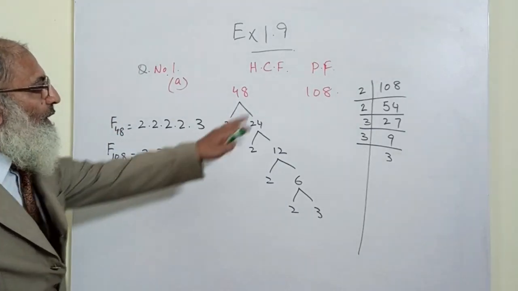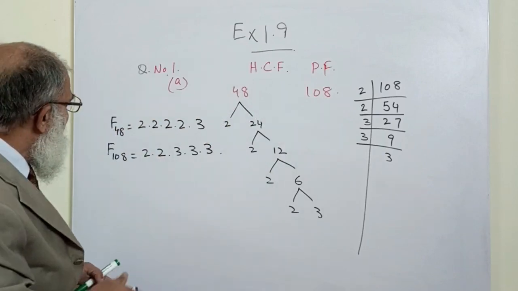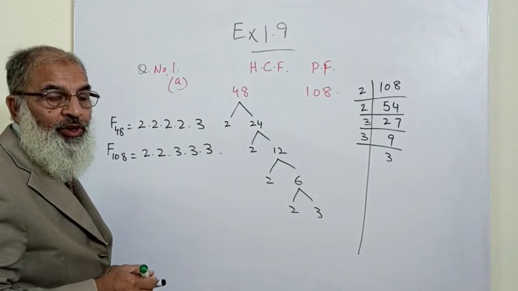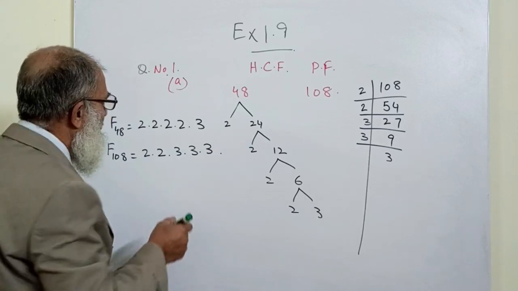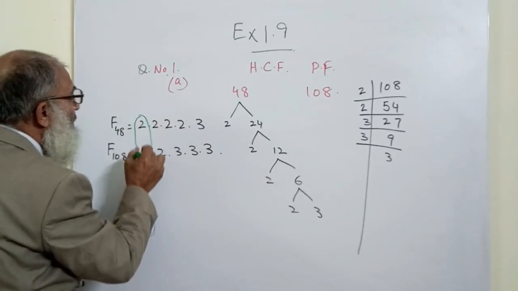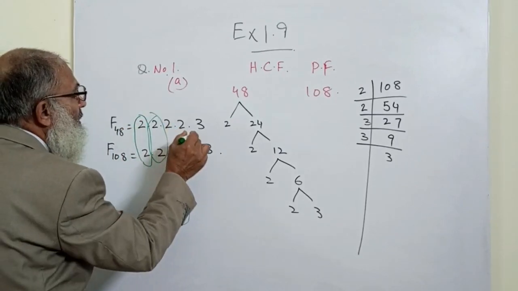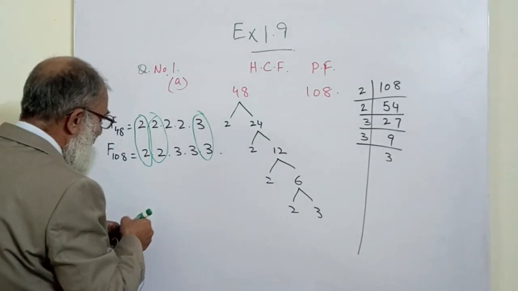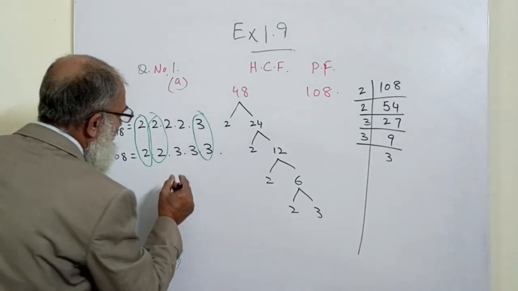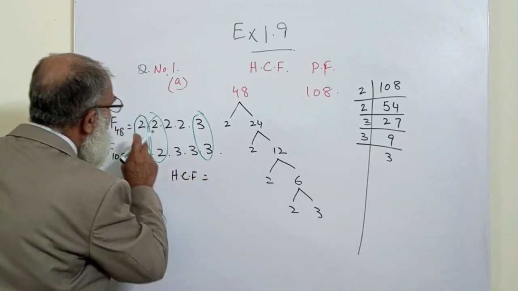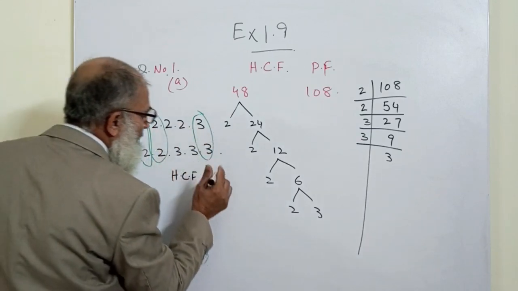Now what we have to find is HCF. What we do, we find those numbers which are common. Now this one is common, this is common, and this is common. So what is the HCF? Finally, HCF is equal to 2 multiplied 2 multiplied 3.